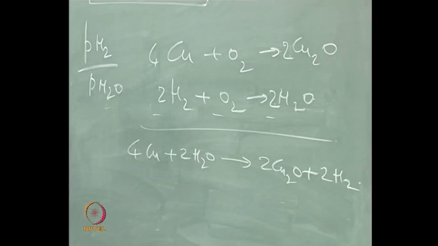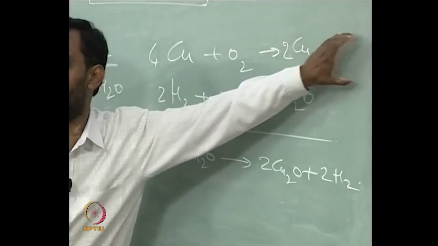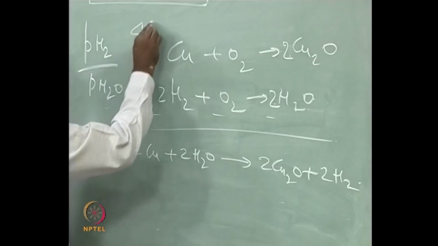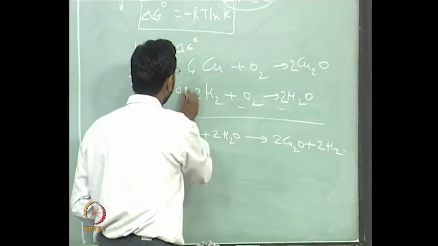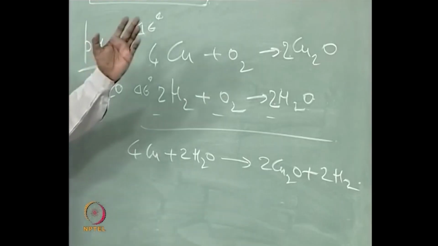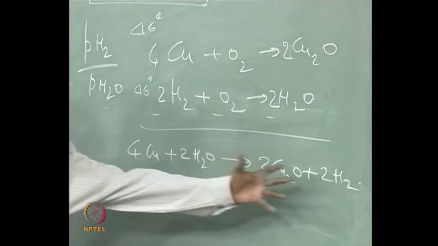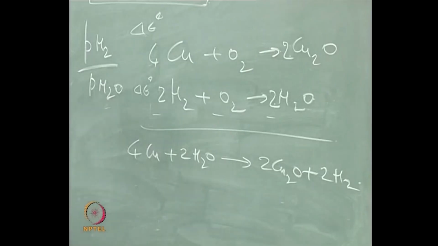So, if you look at the equilibrium constant for this, for example, if I know the free energy change delta G naught for this reaction, and I also know the delta G naught for that reaction, let us say as a function of A plus BT kind of thing, then by adding or subtracting one from the other, I will be able to know the delta G naught for this reaction.